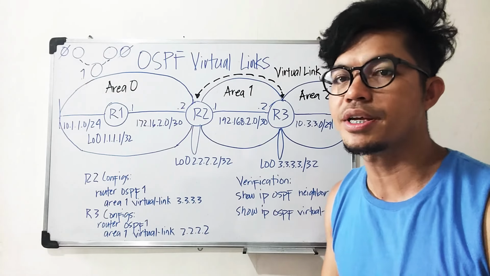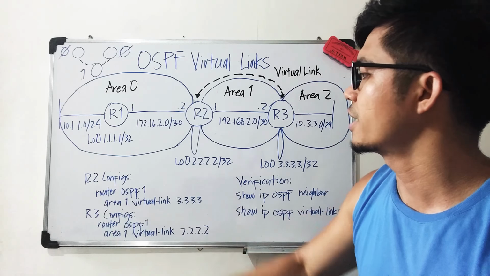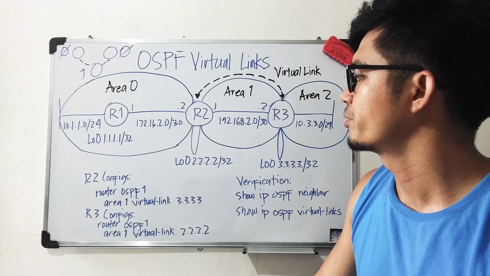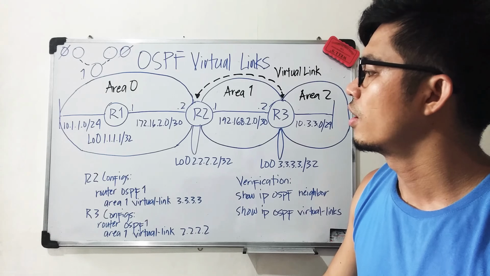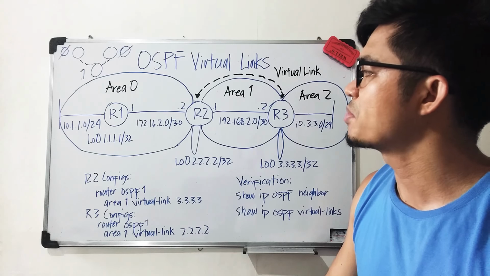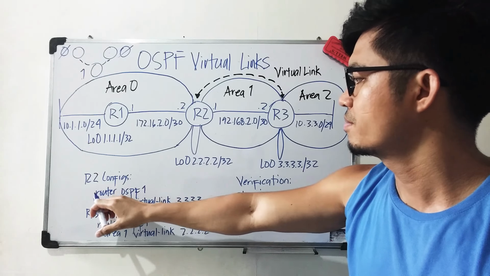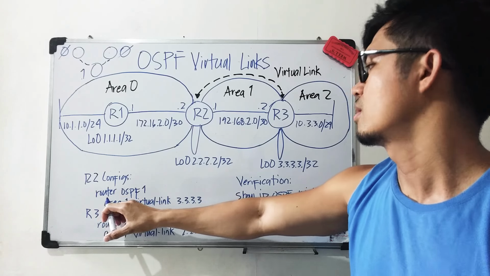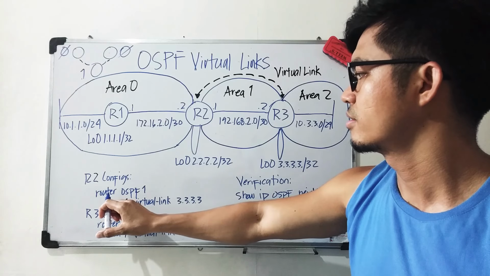A virtual link is very easy to configure. Like I said, you create it on the ABRs, so in this case R2. This is the configuration of the virtual link.